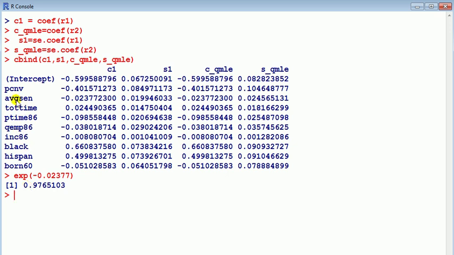So say the average sentence is in years, we would say that the model predicts that, all else being equal, i.e. holding all these other things fixed, if the average sentence went up by 1 year, then the number of arrests in a year of a person would fall by about 2.4%.